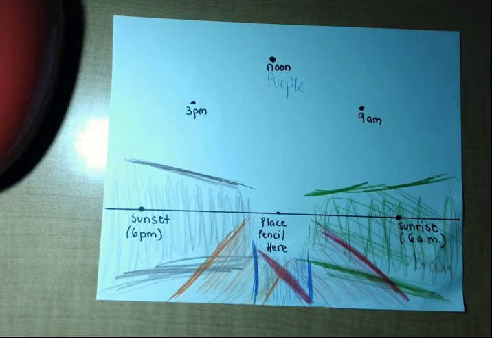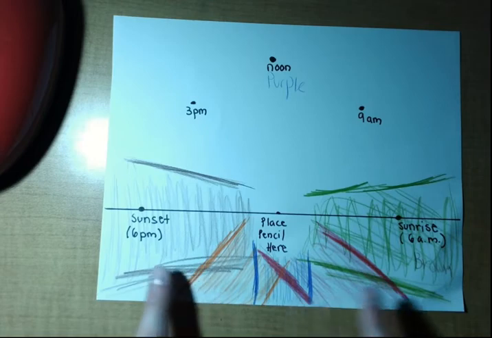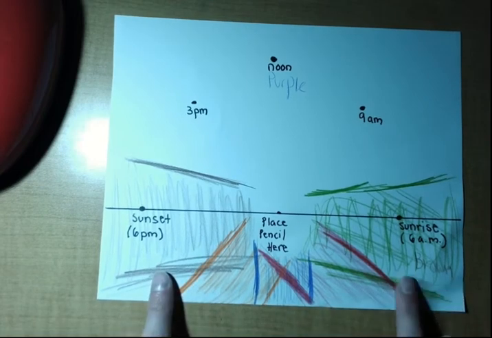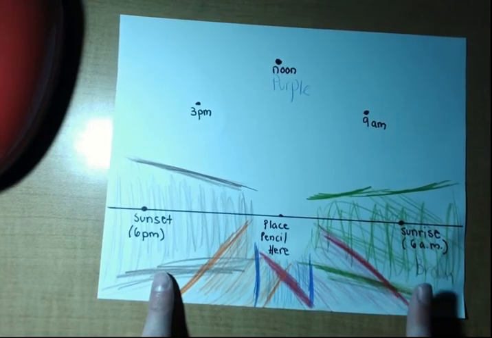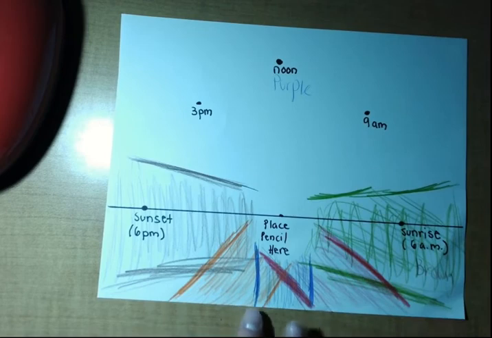Well, hopefully y'all had some very great discussions. And you probably said a lot of different things. One thing that I noticed is that at sunrise and sunset, the shadows were the biggest, or were the largest and longest. And at midday, at noon, the shadows were the shortest.